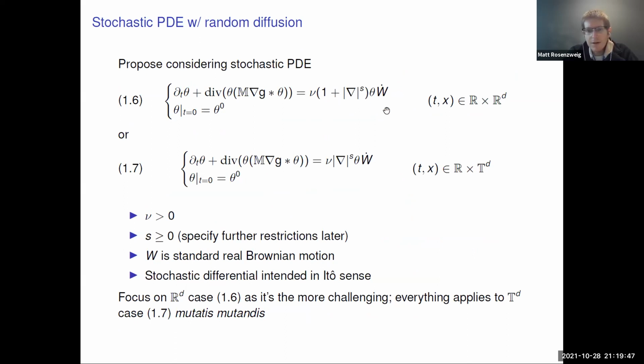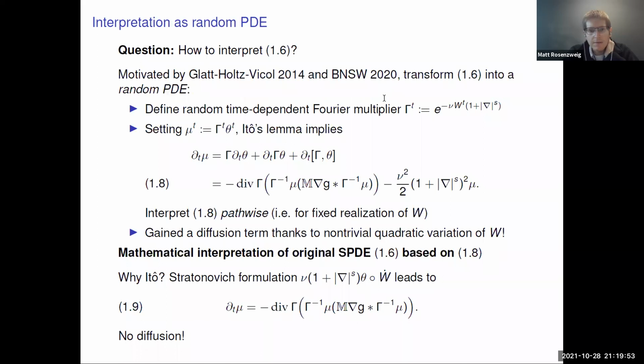This is white noise, Brownian motion changes signs. This is a very irregular expression. But after I've transformed to this random PDE, I can actually see this diffusion term. And this will be important to the mathematical analysis. And we're going to base our interpretation of our starting stochastic PDE on this random PDE (1.8).